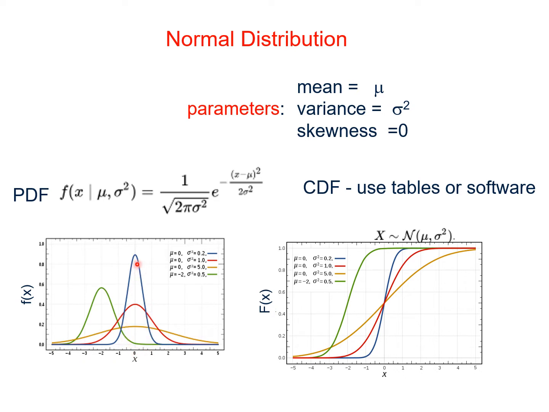So for the blue one, most of the data are around their mean. Whereas this yellow line shows that the data are more or less evenly spread within this range, right? So the variance tells us how the data is spread within its range.